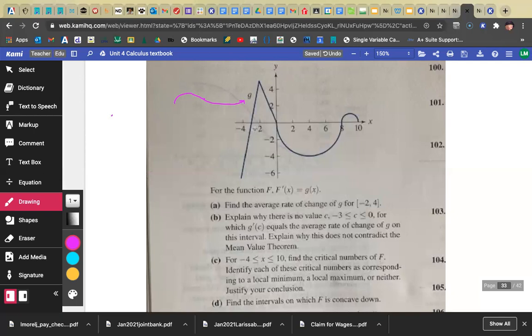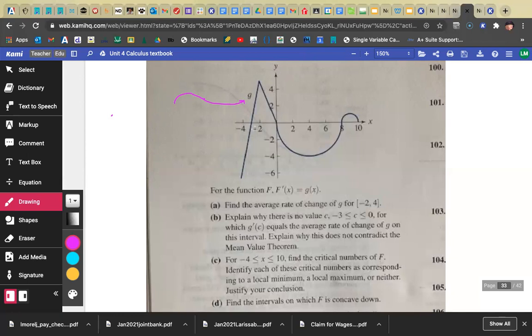Explain why there is no value c for which the derivative at c would be equal to the average rate of change of g on that interval. When I see a derivative being equal to the average rate of change, that is the mean value theorem. So explain why there isn't one.